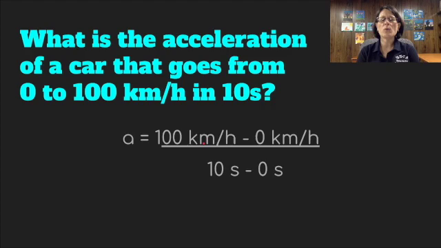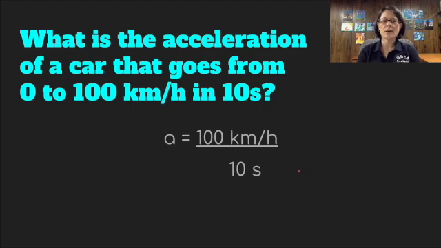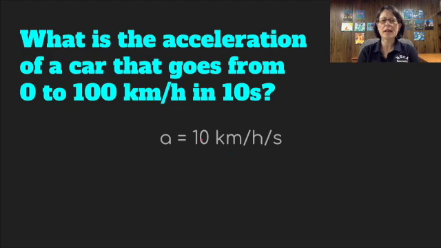So I put 100 kilometers per hour minus 0 kilometers per hour over 10 seconds minus 0 seconds. So that simplifies to simply 100 kilometers per hour over 10 seconds. And when we divide 100 by 10, we get 10, and then for our units, kilometers per hour per second is how we write that.